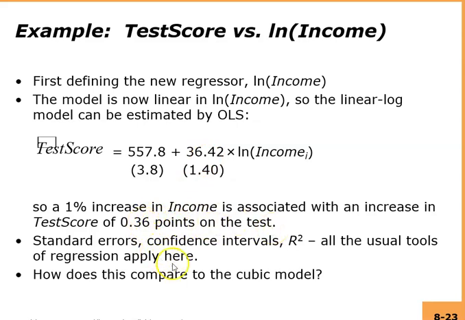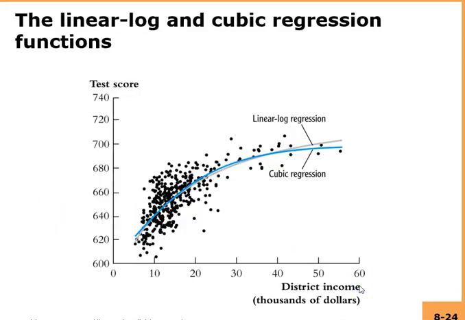Keep in mind that the interpretation of standard error, confidence interval, and R-square all remain the same here, because the unit of y remains the same, which is the test score. So how does this compare to the cubic model? If we plot both the linear-log specification and the cubic regression, they pretty much look the same.